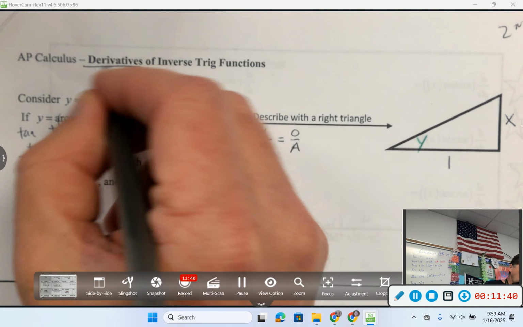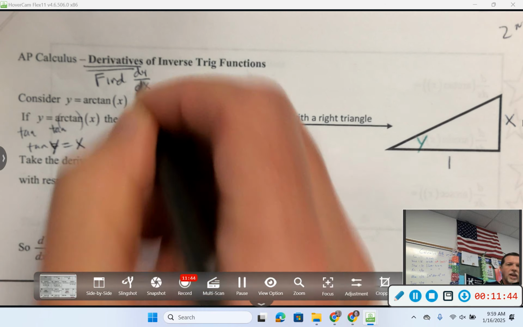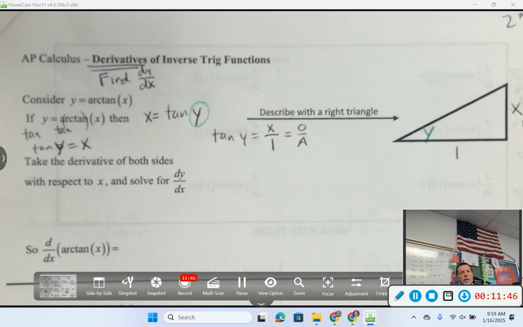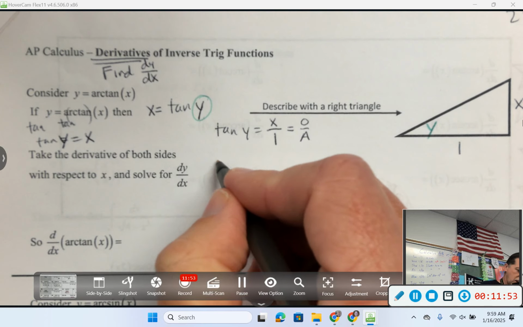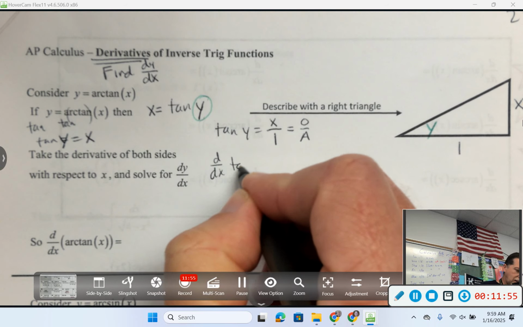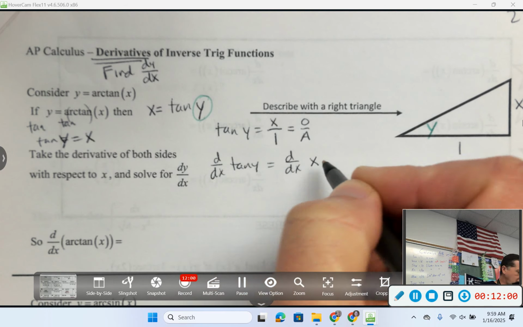Okay. Let's back up a second. What we're trying to find on all these is dy/dx. So let's take the derivative of both sides. So d/dx of tangent of y equals d/dx of x.